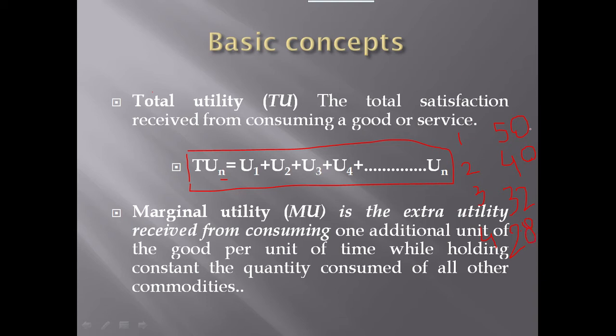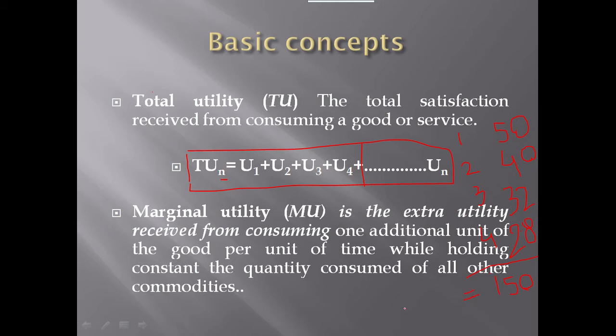These are the utilities received from the consumption of the first, second, third and fourth unit. Here we are assuming that the individual is consuming 4 units. It means the total utility that the individual is receiving equals 150. 150 is the total utility that the individual receives from the consumption of 4 units.